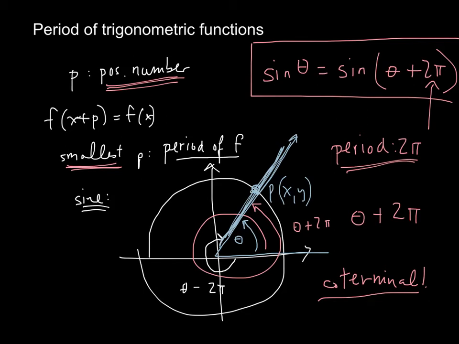Likewise, the period of the cosine function is also 2 pi, because cosine of theta is equal to cosine of theta plus 2 pi.